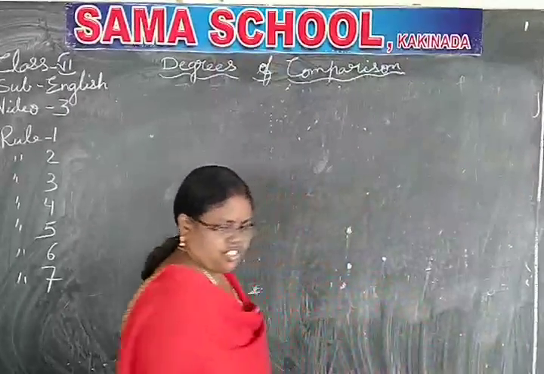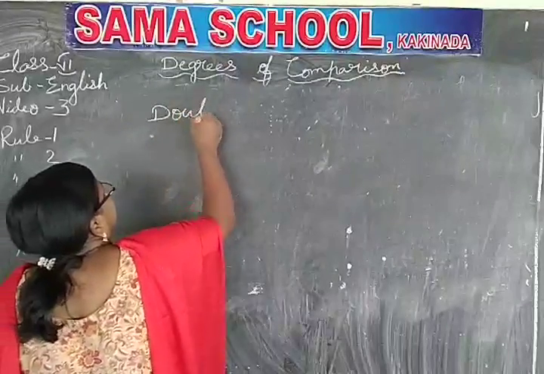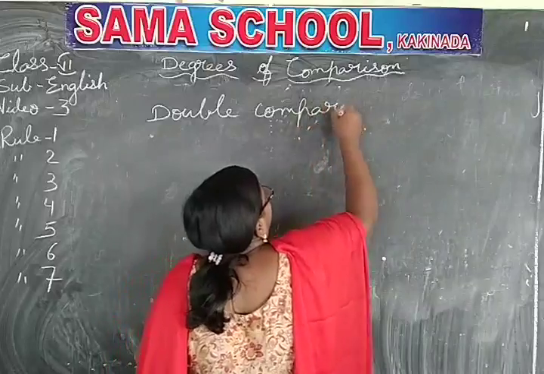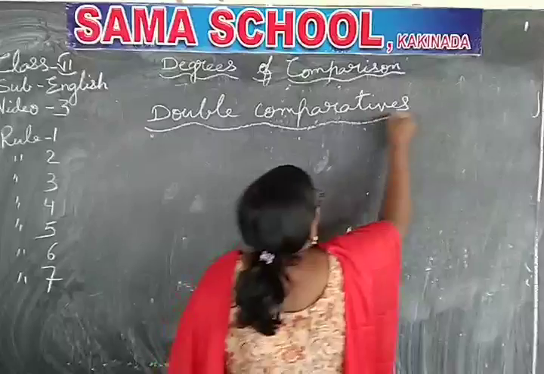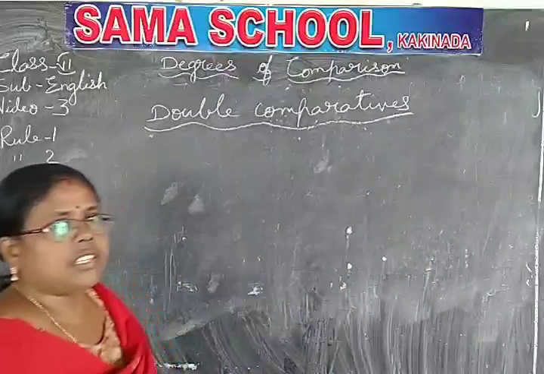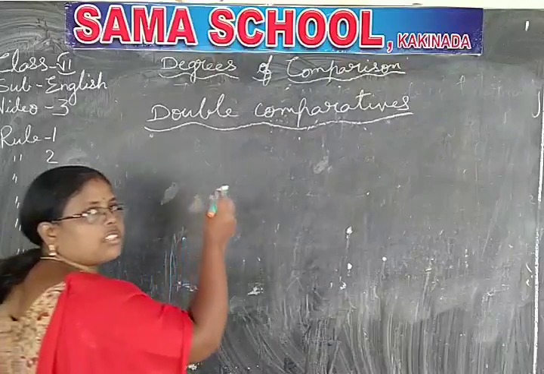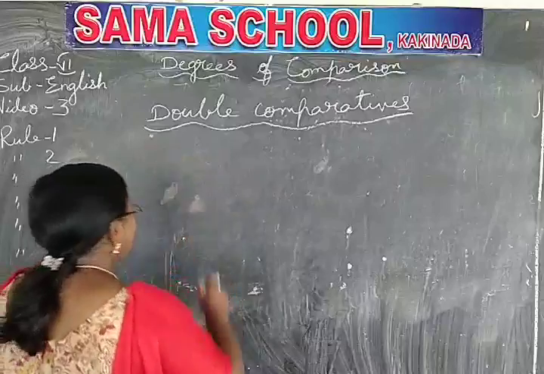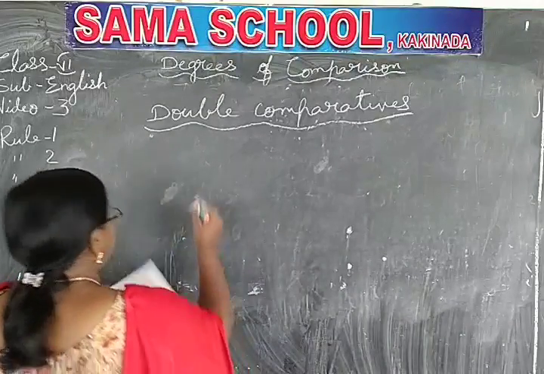Double comparative means what? Comparative itself is more or er. You should not write it double. One example for that I'll give you. Pretty.